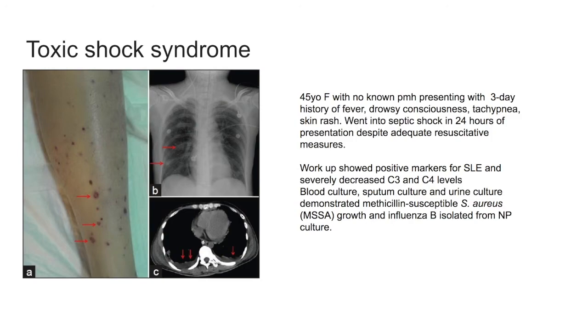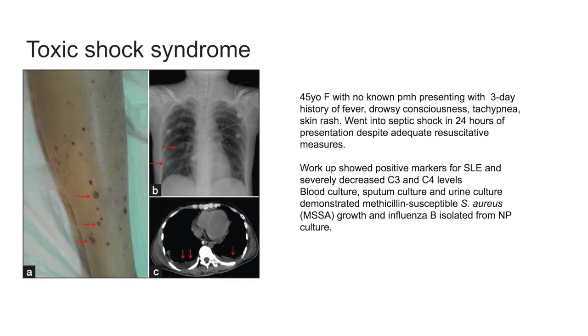They also included lupus-like markers, and they found that she had severely decreased C3 and C4. Eventually, they tested for double-stranded DNA and ANA. It all fit the picture of a lupus patient in flare, but she had a lot of acute respiratory issues as well.